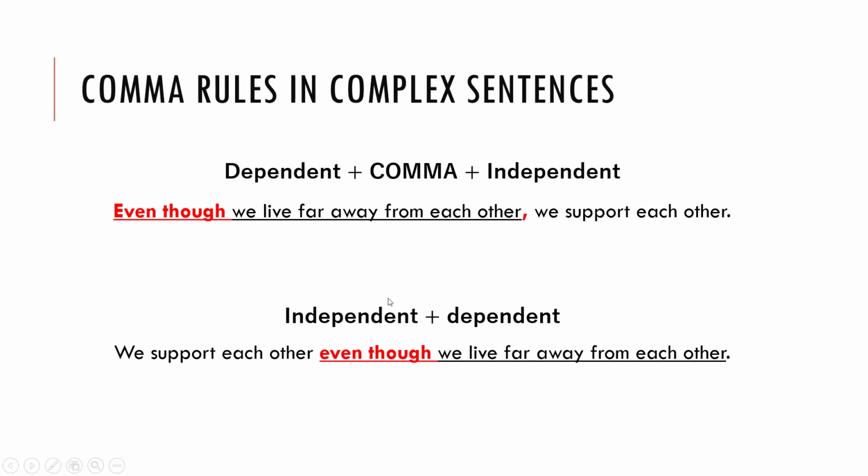However, if you have the independent clause first, you do not need a comma before the dependent clause. For example, we support each other even though we live far away from each other. These two sentences are the same, except we switched the independent and dependent clause.